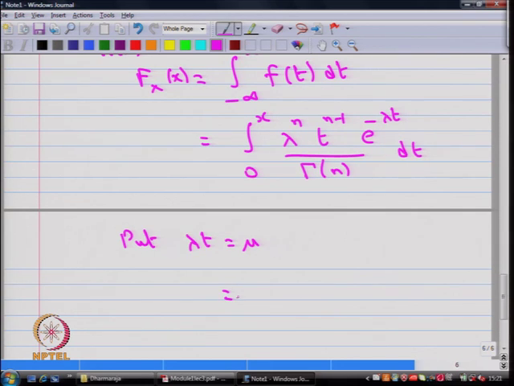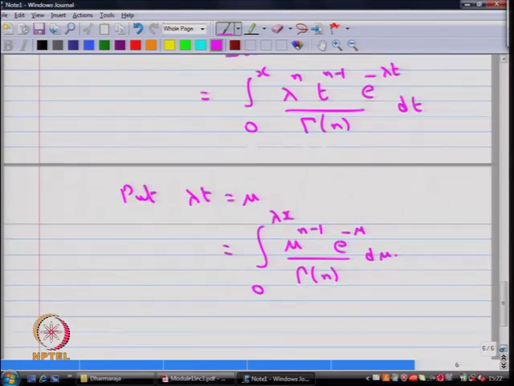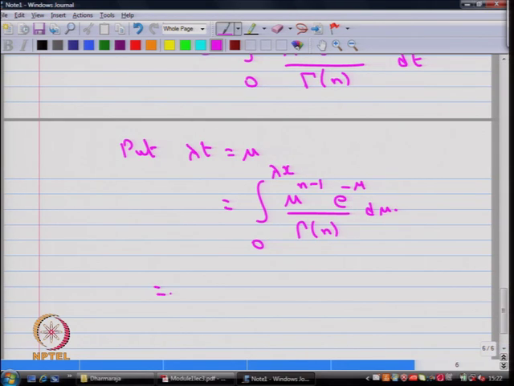Therefore, this integration becomes the integration from 0 to lambda times x of mu power n minus 1 e power minus mu divided by gamma of n d mu.